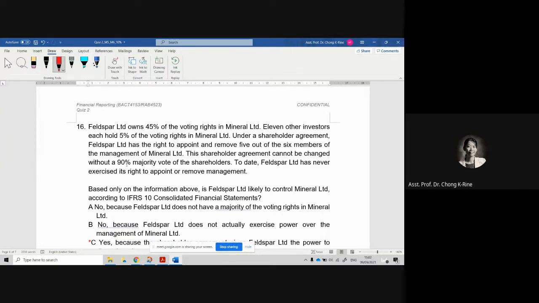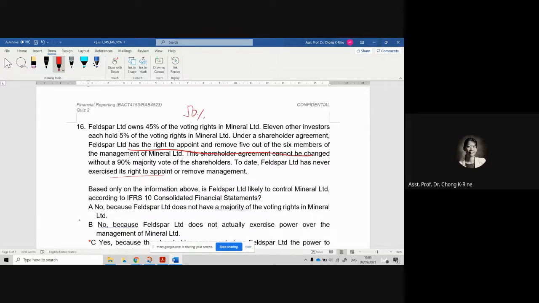Now we own 45% voting right, and then other shareholder own 5%, and then we have the right to appoint and remove 5 out of 6 members, and so on. However, we have never exercised our right before, like what I said just now. Now, if you remember substance over form in your study guide, general rule of thumb is 50% and above.